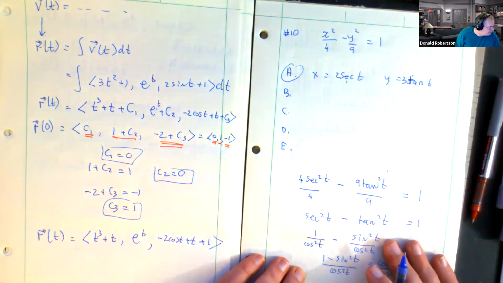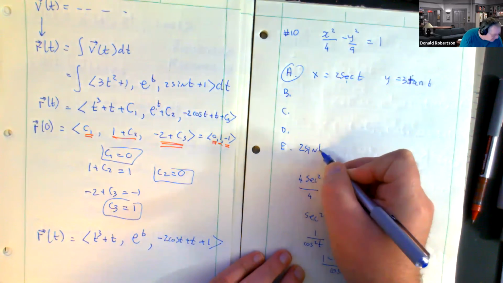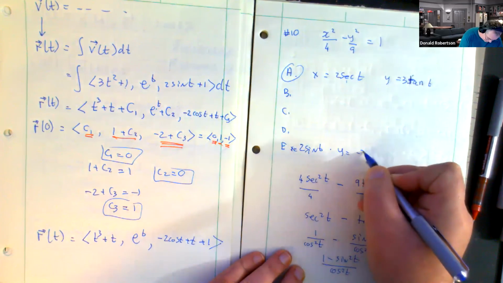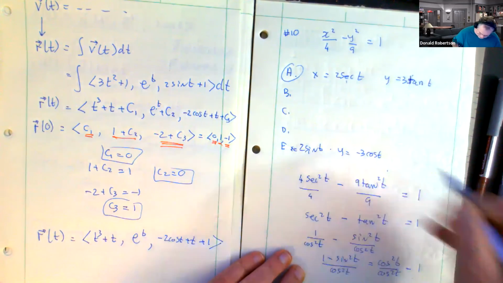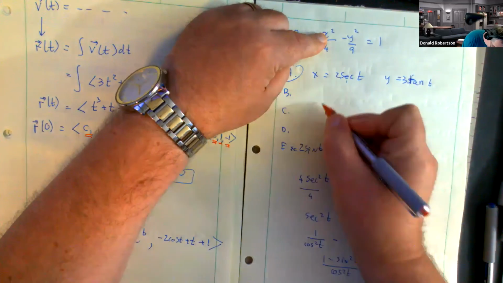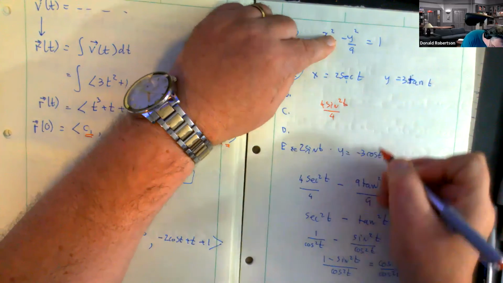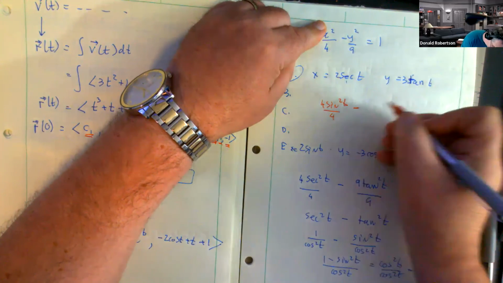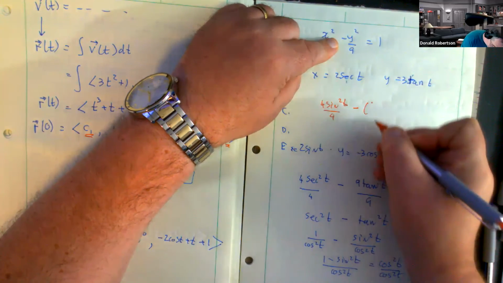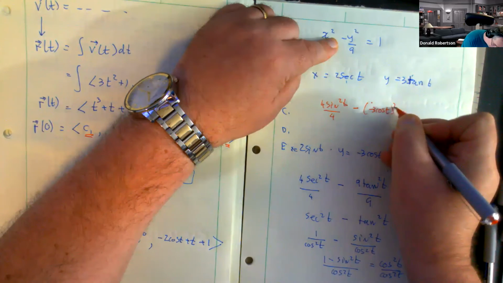So question E, for instance, is 2 sine t, and that's X, and Y is negative 3 cosine t. Now, since I don't have room, I'm going to stuff the working in here. That guy gets you 4 sine squared t over 4. This one gets you take away negative 3 cosine t squared over 9.